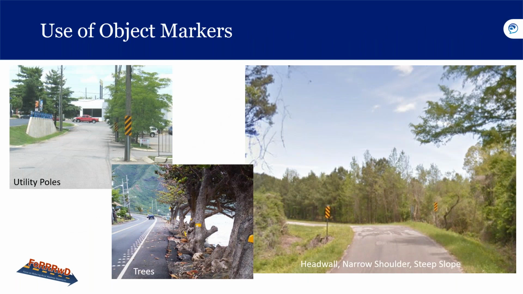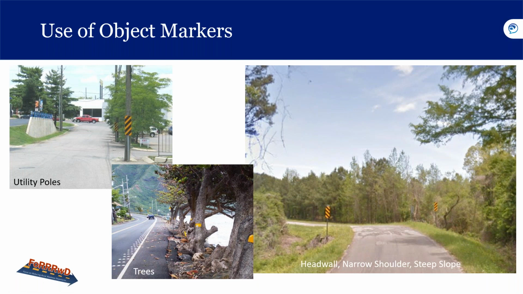And now let's talk about the use of object markers. So if we cannot provide a clear zone free of obstacles, then we need to look into the use of object markers. If we take a look at some of these pictures, we see utility poles with an object marker on it here at the top left, and the trees in the middle here, which is in Hawaii, by the way.